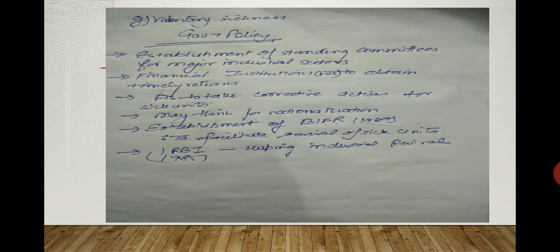Then IRBI, Industrial Reconstruction Bank of India, also helped in the revival of sick units. And the major initiative in this direction was taken in the form of the SICA Amendment Act 1994, wherein the earlier act of 1985 was replaced, and its full form is Sick Industrial Companies Act.